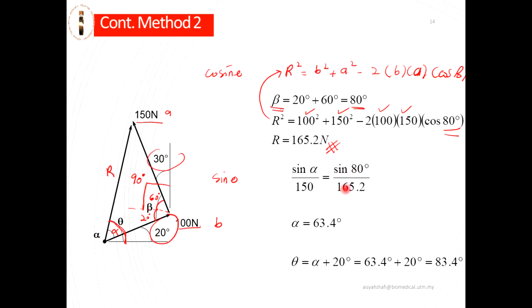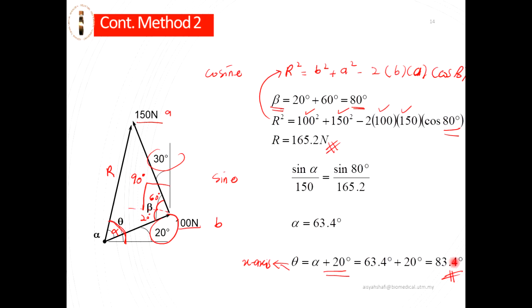By solving this, we will get alpha 63.4, but this is not the end answer, because theta is measured from the x-axis. So you need to plus 20. 63.4 plus 20 equals 83.4. So you will get the answer here.